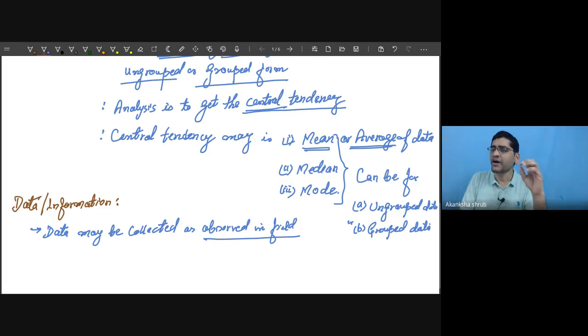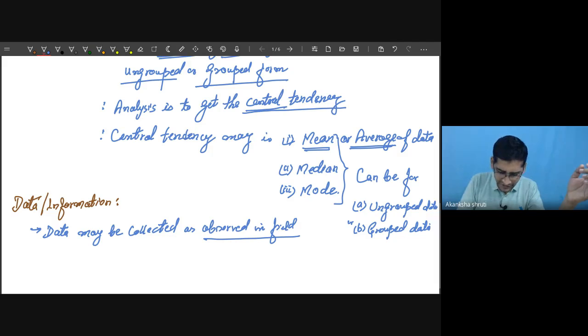It simply means the observation done, like collecting your marks. That itself is acting as observation in the field. Sometimes you people are asked to collect some data from your nearby village. That is called the survey.